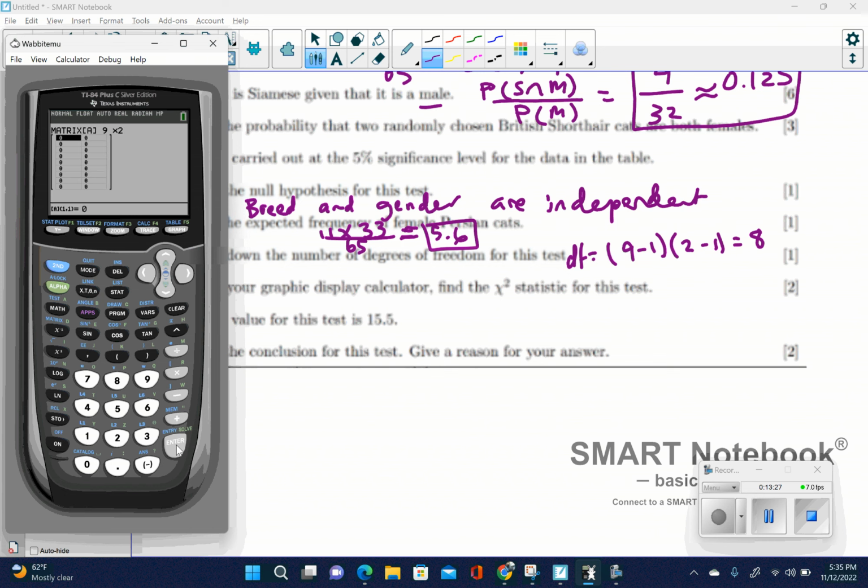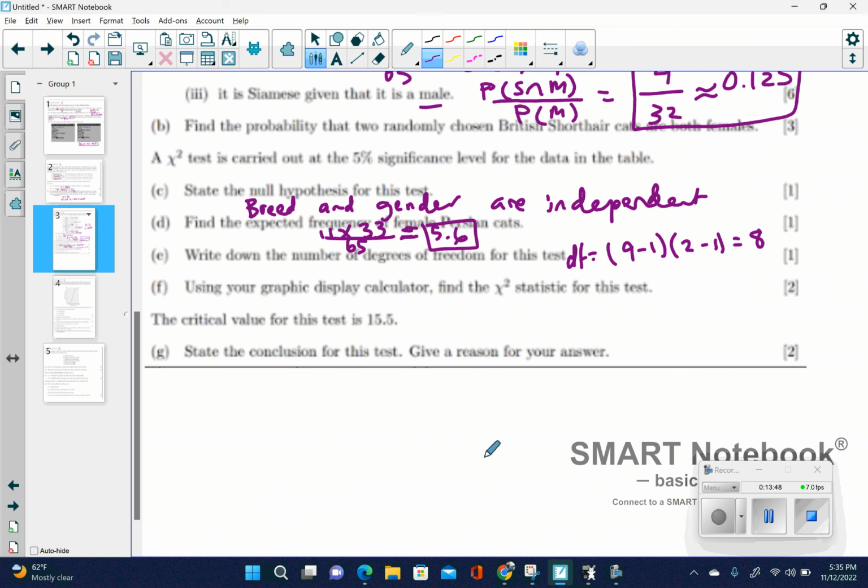So 9 by 2, and you put the numbers in, and then you hit stat, you go over to tests, and it's going to be chi-squared. Most of you got this one completely correct, so I don't need to spend time going over something that you seem to have a pretty good grasp of. And so the chi-squared value is 2.9.